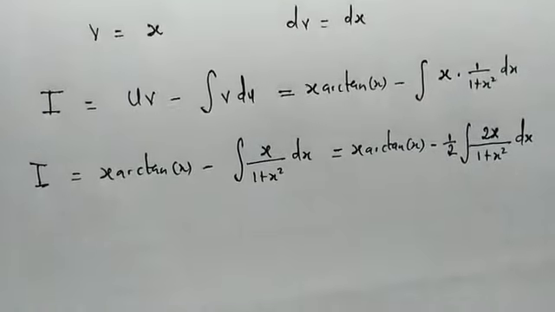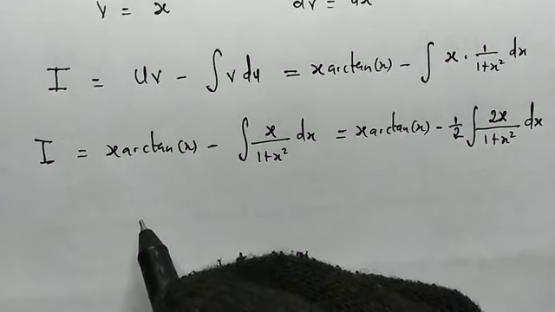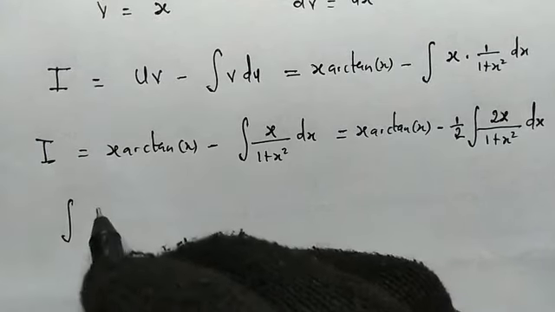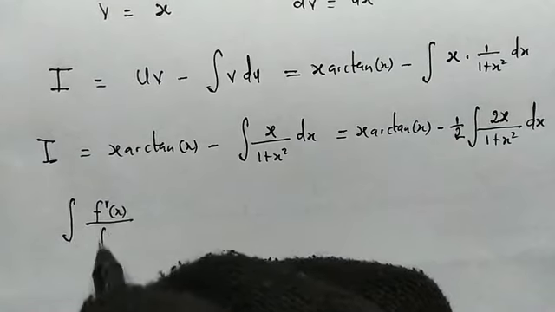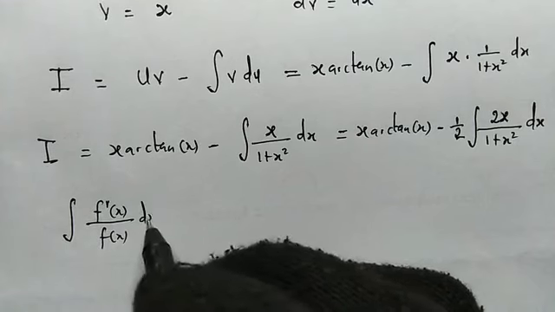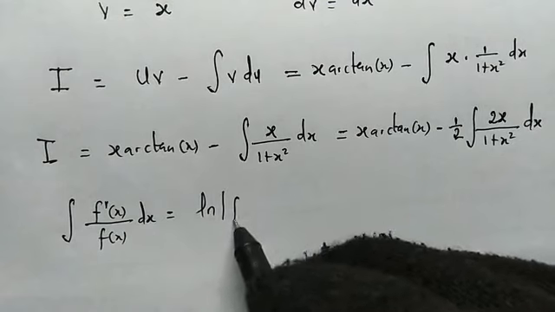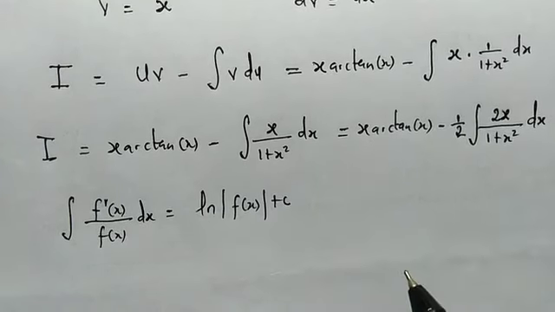You know why? Let us recall this property of indefinite integrals. Remember, when we have the integral of f prime of x divided by f of x dx, this is exactly equal to the natural log of f of x plus c, right?